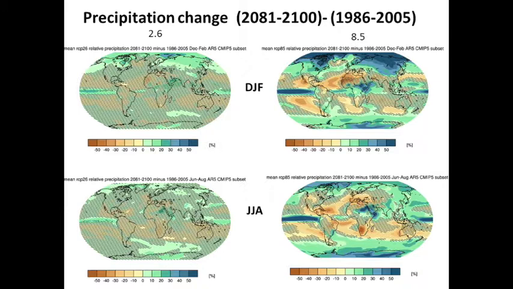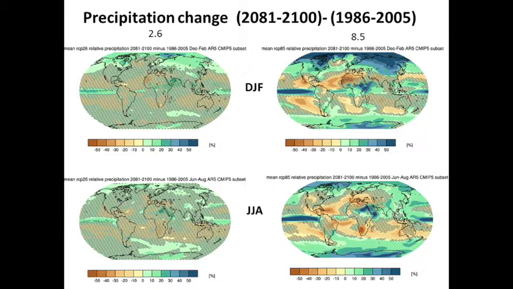This is annual, okay? In the atlas that I made available for you on the site, you have the 4 seasons as well, because there are differences in seasons. The changes are different in each season.